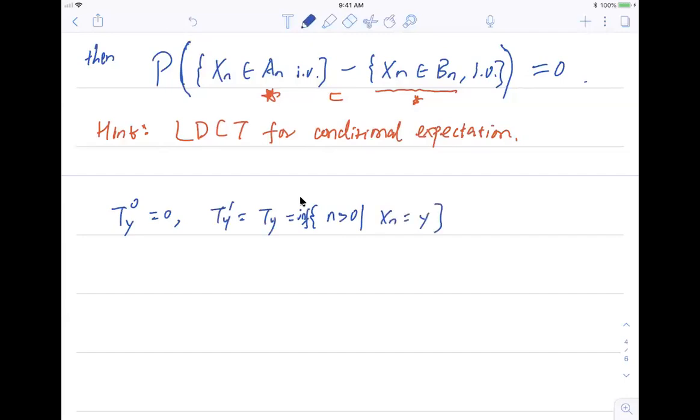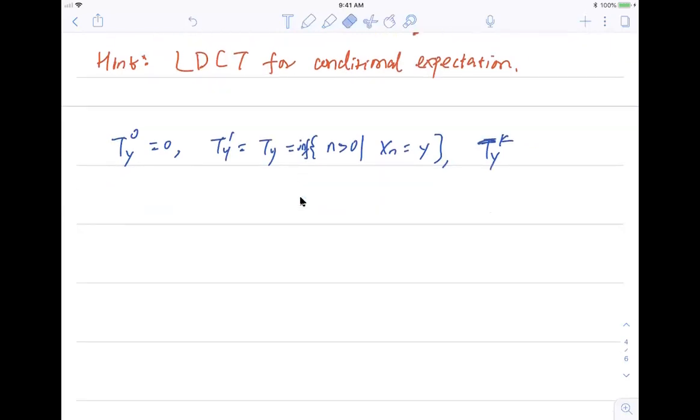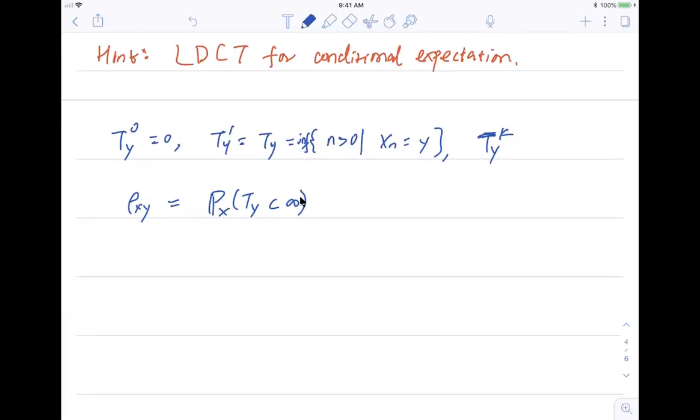It's the first return to y, and also we can define T_y^k inductively. Also, we define rho_xy. So rho_xy is the probability that starting from x you reach y in finite time.